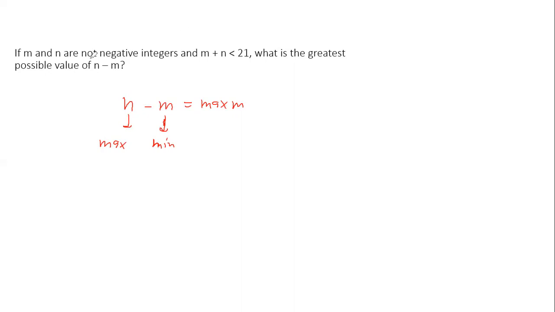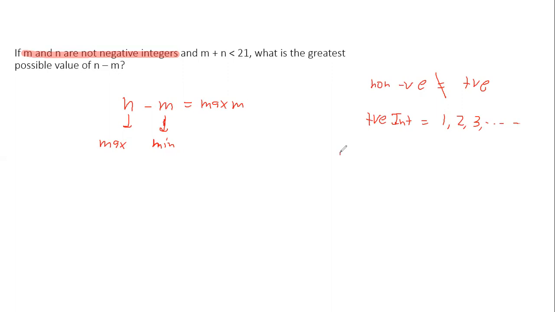Now, if I look at the question carefully, they are saying that m and n are non-negative integers. Guys, this word is very important: non-negative. What do we mean by non-negative? Sometimes students say that non-negative actually means positive. No, not really. When I say positive integers, it starts from 1. So 1, 2, 3 are all positive integers.